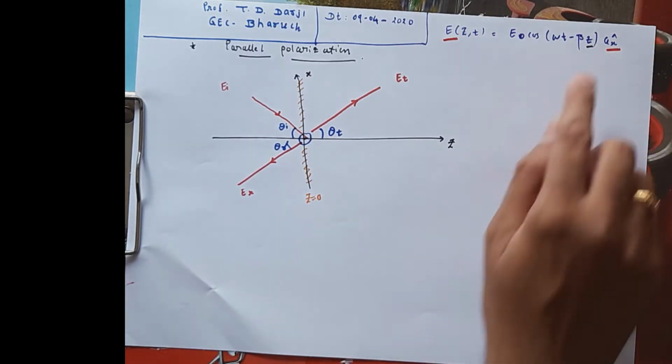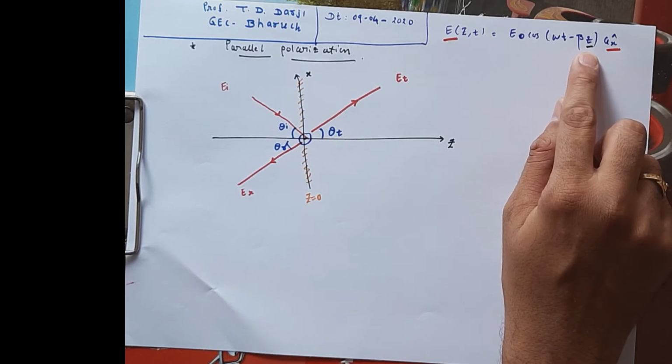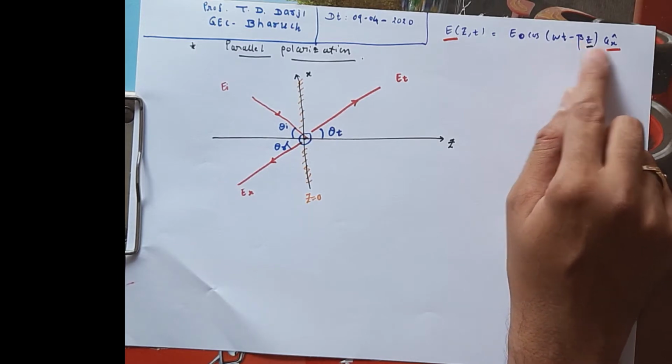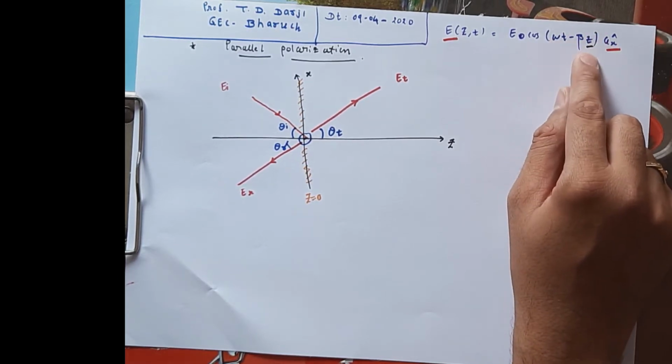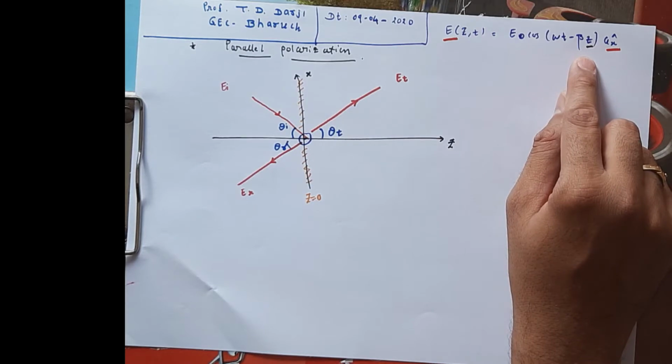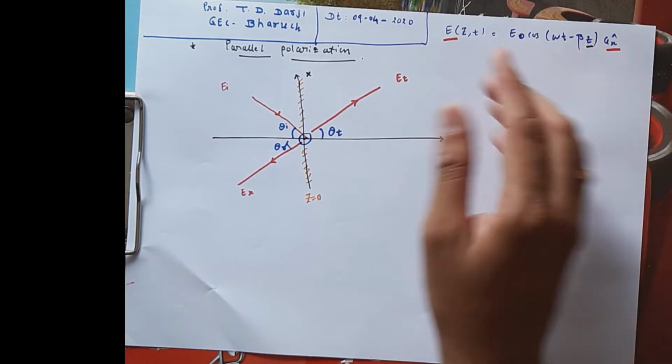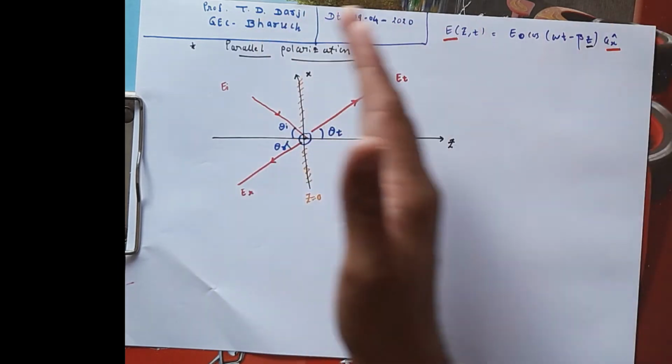That means the wave is propagating in this direction; the wave travels some distance in the z direction. So actually z is the propagation direction, meaning the wave is propagating in the z direction.